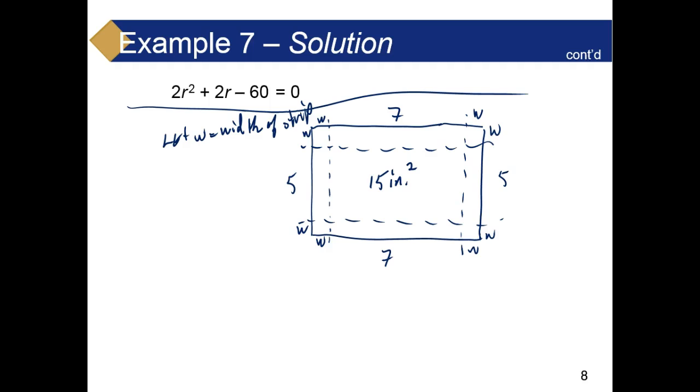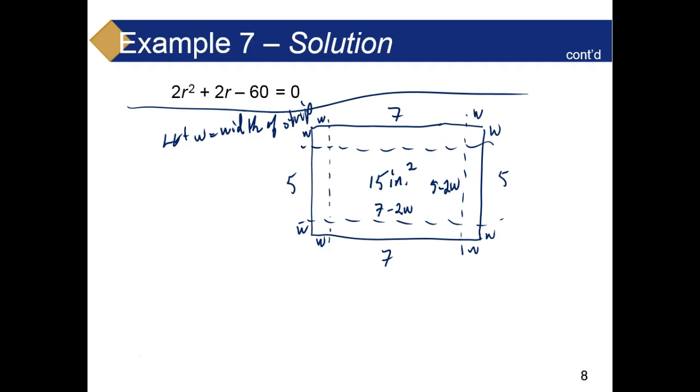It started off being a 7, and you lost 2W. You lost a W on each end. So the new length here is 7 minus 2W. What's your width here? It started off 5 and you lost 2W. So the width in here is 5 minus 2W.